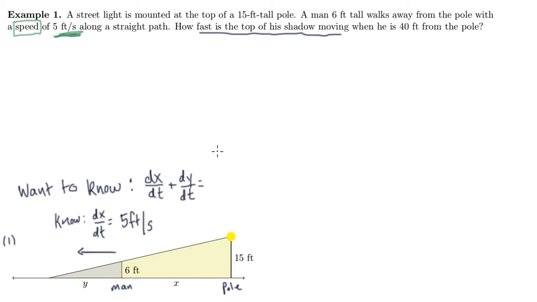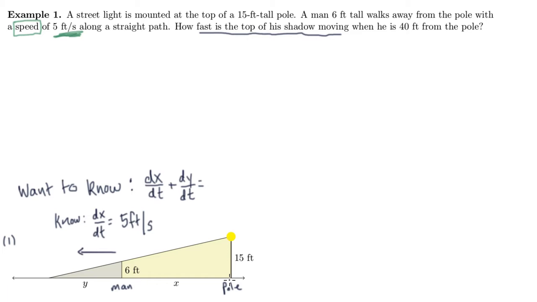Take a minute to make sure you understand that, because it is very subtle. dx/dt is how fast the man is moving relative to the stationary pole. dy/dt is how fast the end of the shadow is moving away from the man. If we want to know how fast the end of the shadow is moving relative to the stationary pole, or to a stationary observer, we need to add the two velocities.